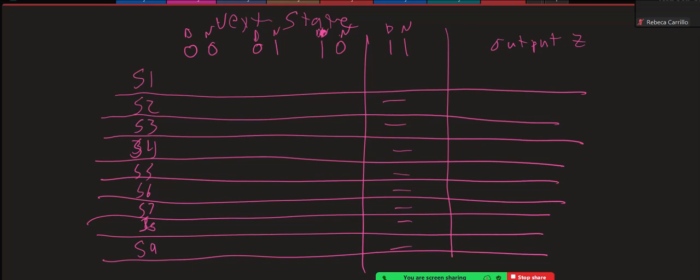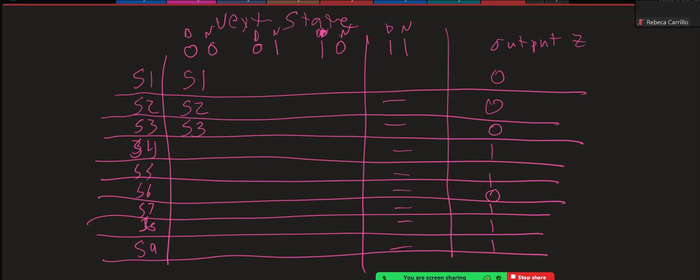Our output Z is 0, 0, 0, 1, 1, S6 is 0, and then 1, 1, 1. So S1, S2, S3 all go to themselves with 0, 0.